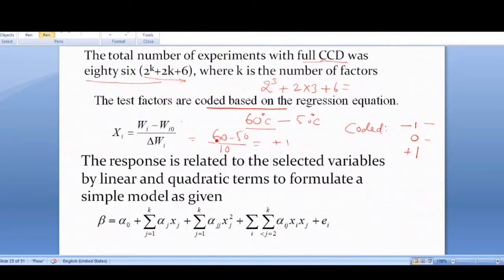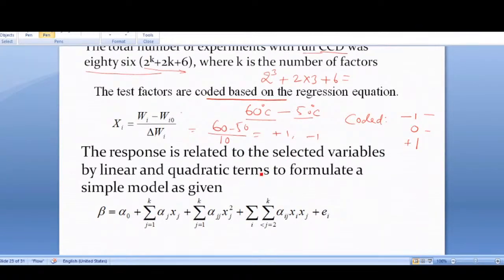If you take the lower value, (50 - 60) / 10, where the denominator is always 10, you will get -1. Like this, +1 and -1 are the coded values given to the statistical tool. Then only the regression equation will be generated.